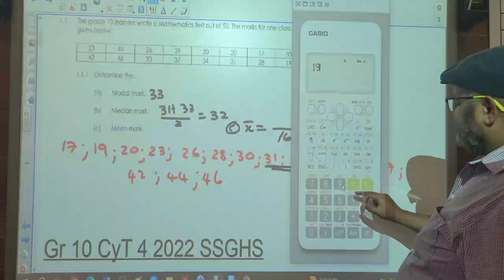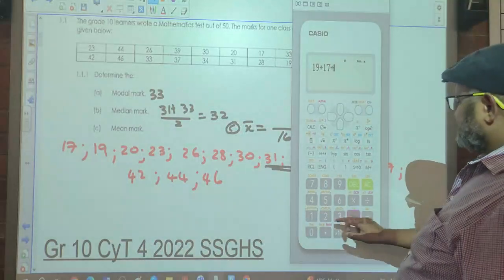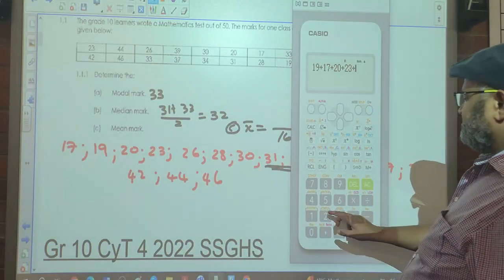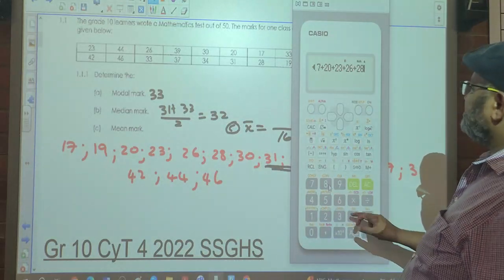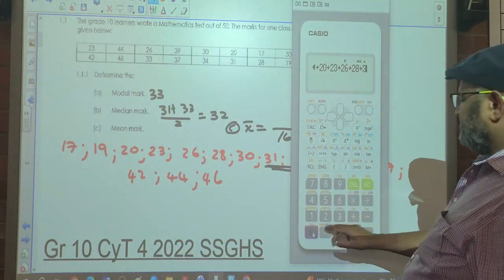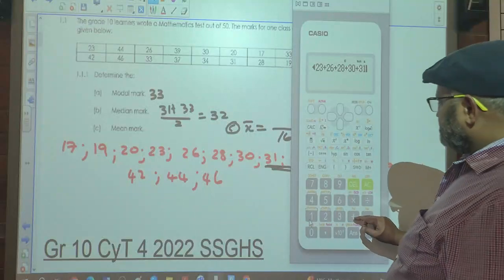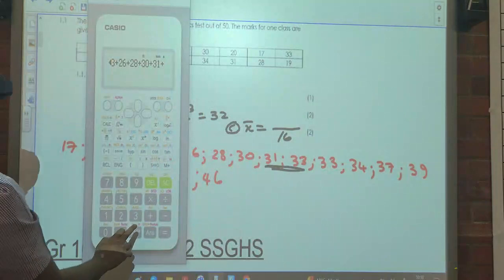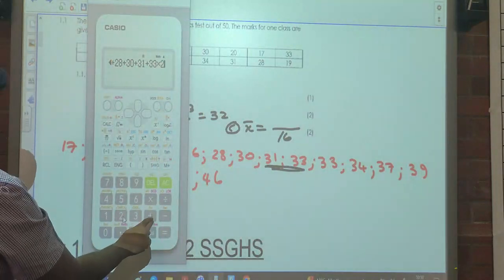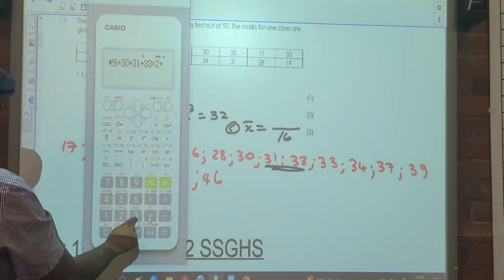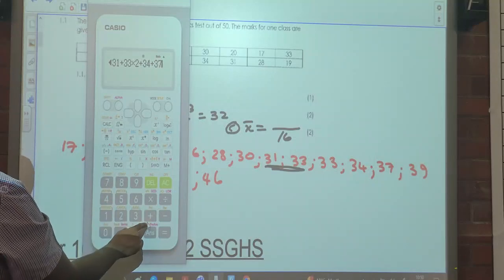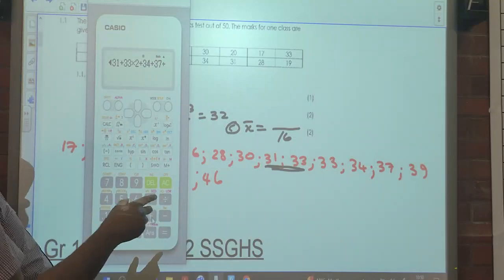It's going to be 19 plus 17 plus 20 plus 23, 26, 28, 30, 31, 31, there's two 33s, 34, 37. You don't have to add the numbers in order.